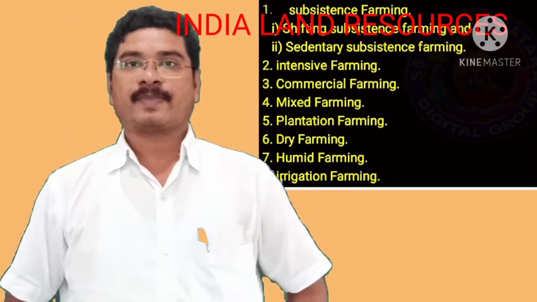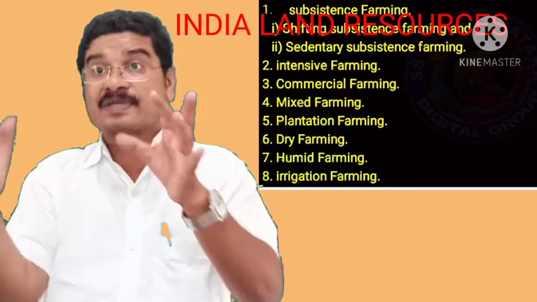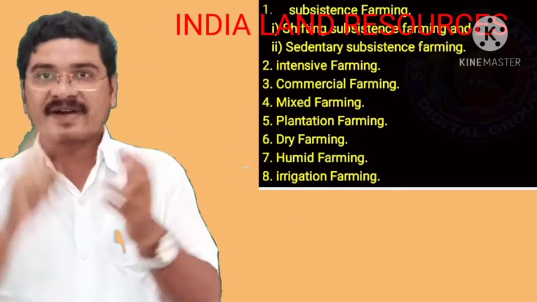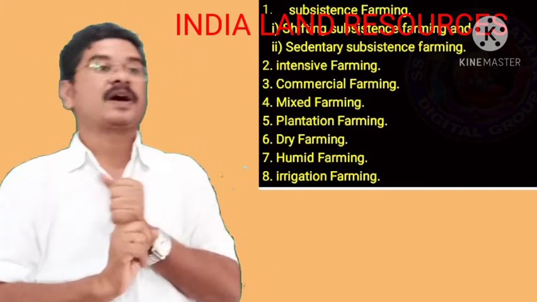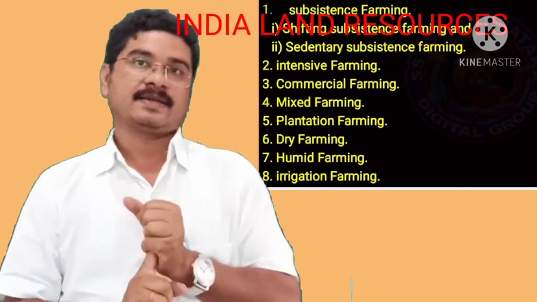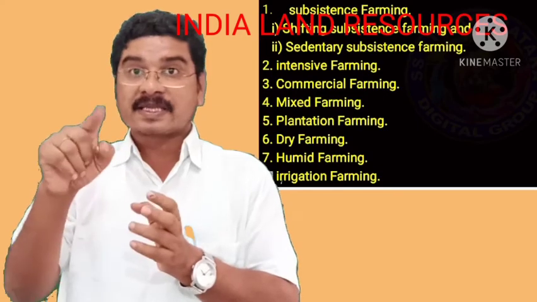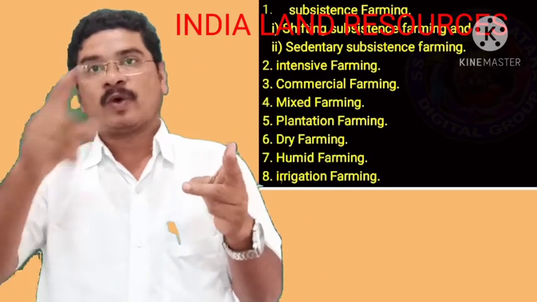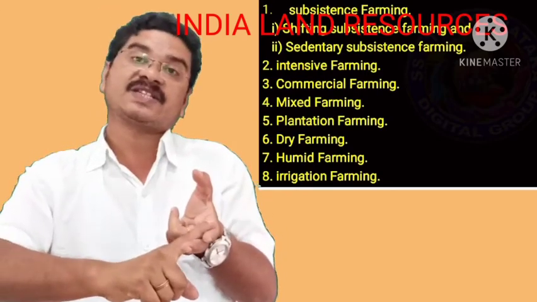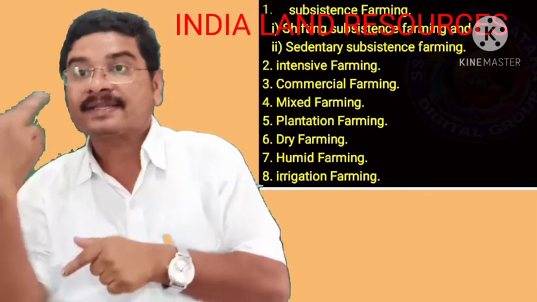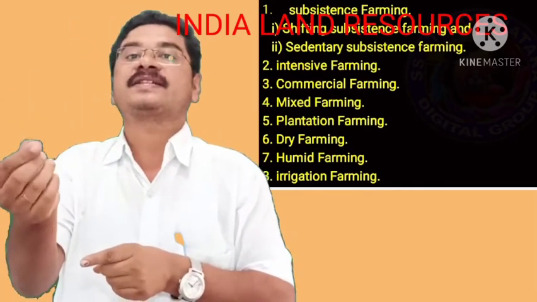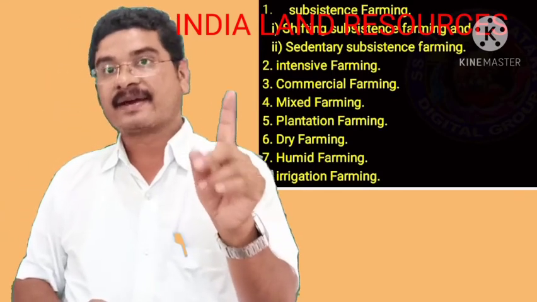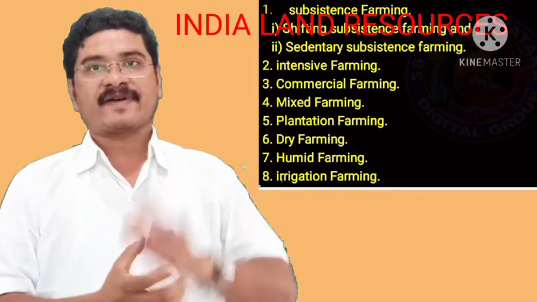Actually, we are practicing 8 types of agricultural systems. Number 1 is subsistence farming. Again, subsistence farming is classified into 2 types: one is shifting subsistence farming, the other is sedentary subsistence farming.